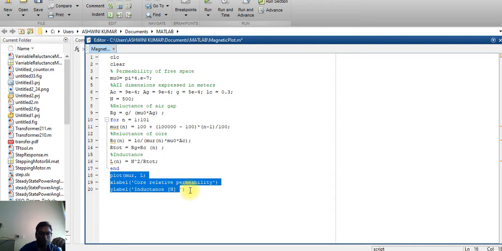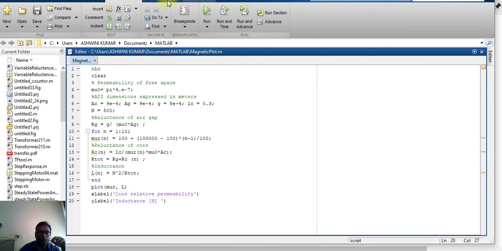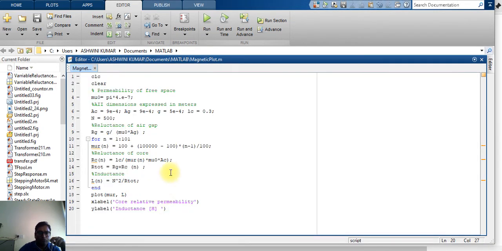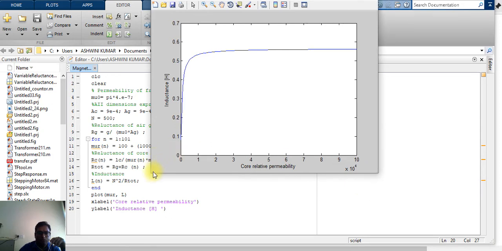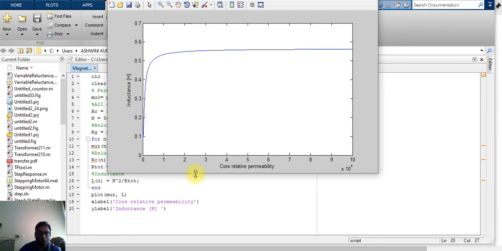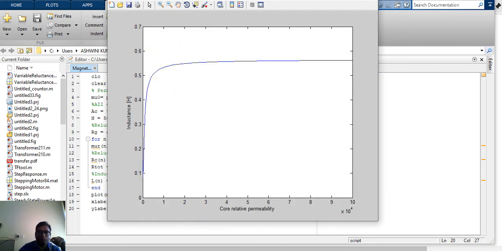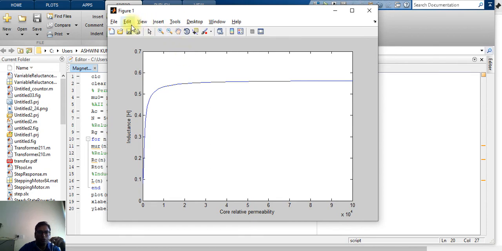Now we can save it and run it, then we can see our plot, where inductance in henries is plotted against core permeability, and we can check the complete graph.